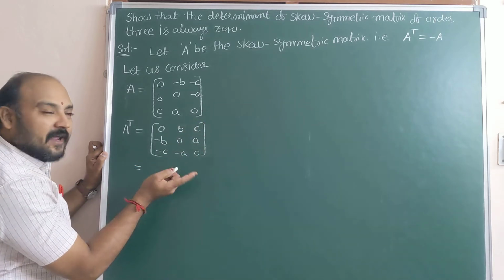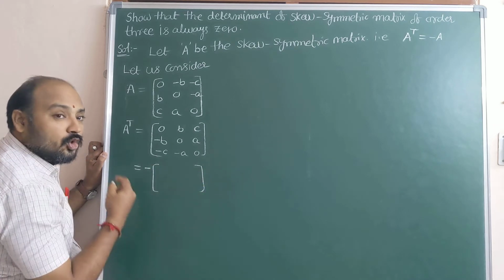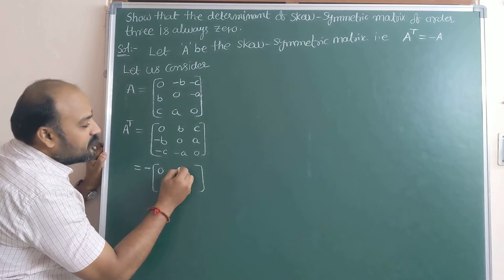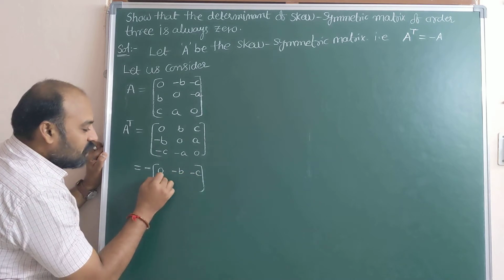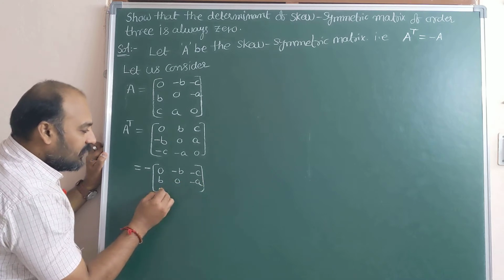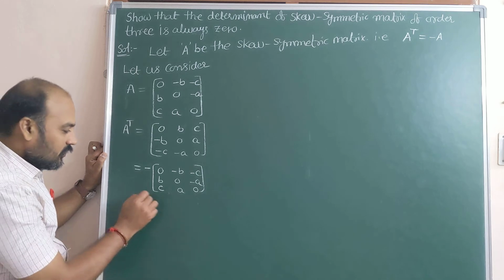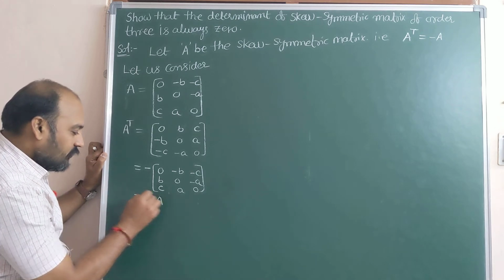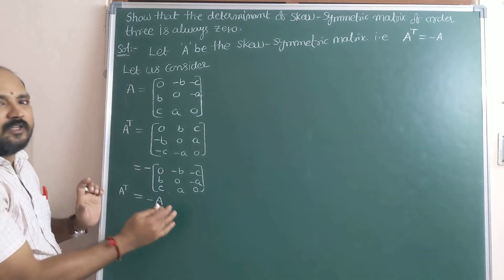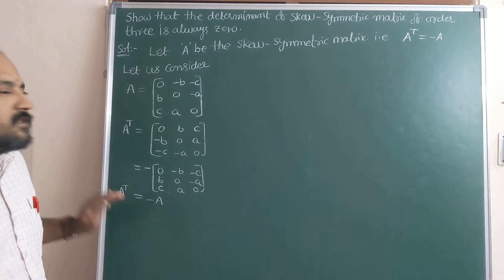Which is equal to minus, if you take out common, 0, minus B, minus C; B, 0, minus A; C, A, 0. That is equal to minus A. So A transpose equal to minus A means it is a skew symmetric matrix. No need to prove, I am just giving the explanation for understanding purposes.